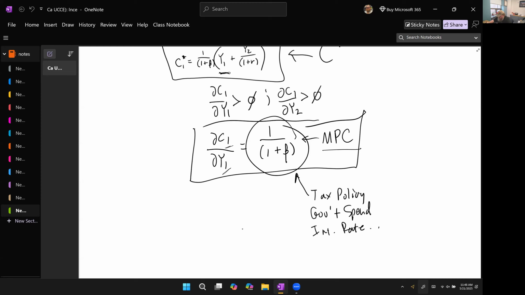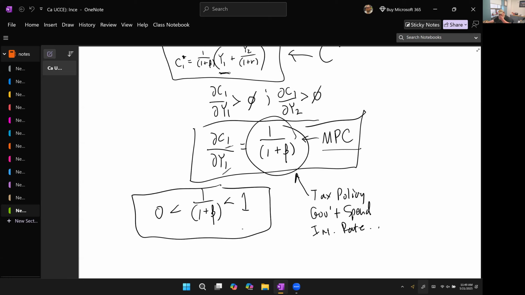So we know it's a positive relationship, and we further know that it's between 0 and 1, since it is 1 over 1 plus beta, excuse me. In the US, we typically think that MPC is greater than 90%. So very high MPC in the US.